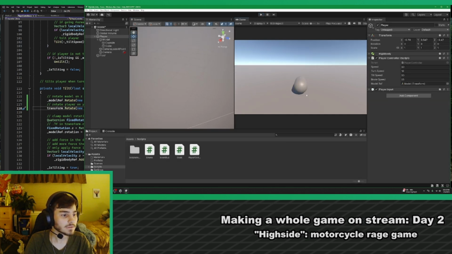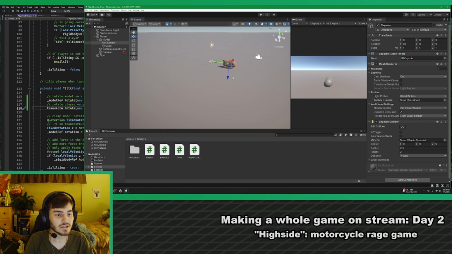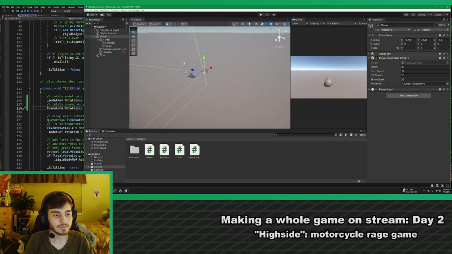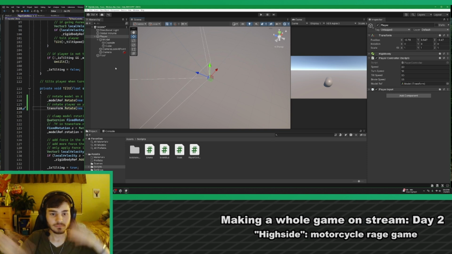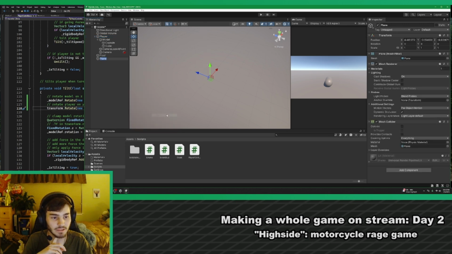And yeah, we can't tell any of what's happening in our space because everything's the same damn color. So let's make some 3D objects, plain.